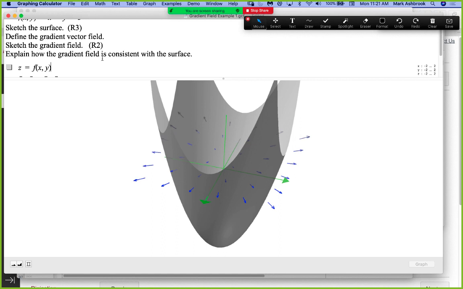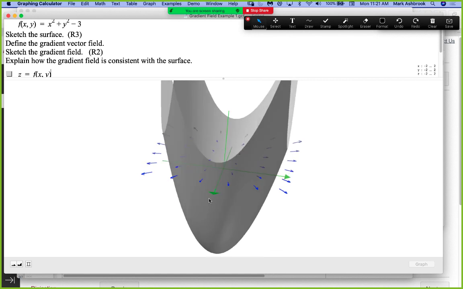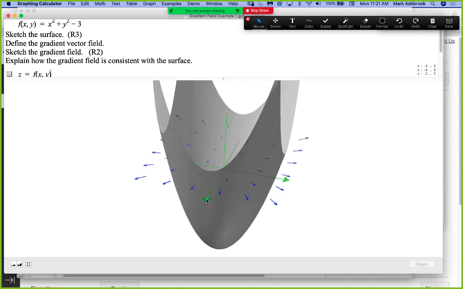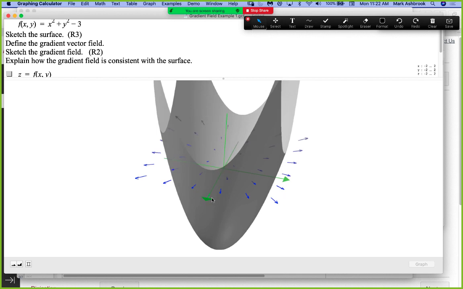Like a projection onto the plane z equals -3? No. Because as the vector is spreading out, the z is increasing more rapidly. So on this paraboloid, when you get further away from the origin, what happens to the rate of change? It starts spiking.